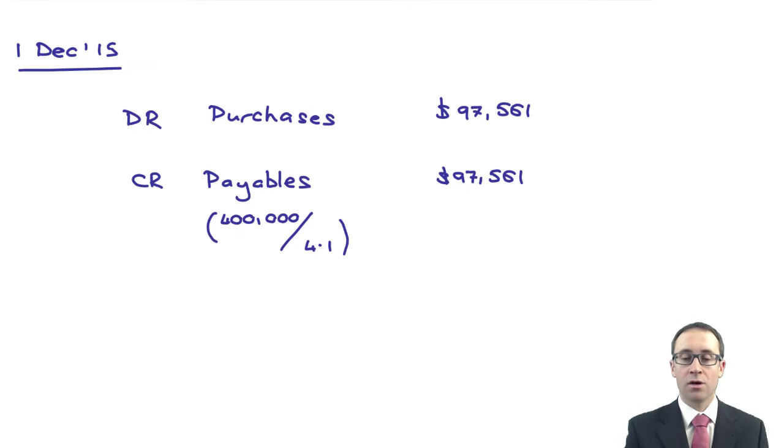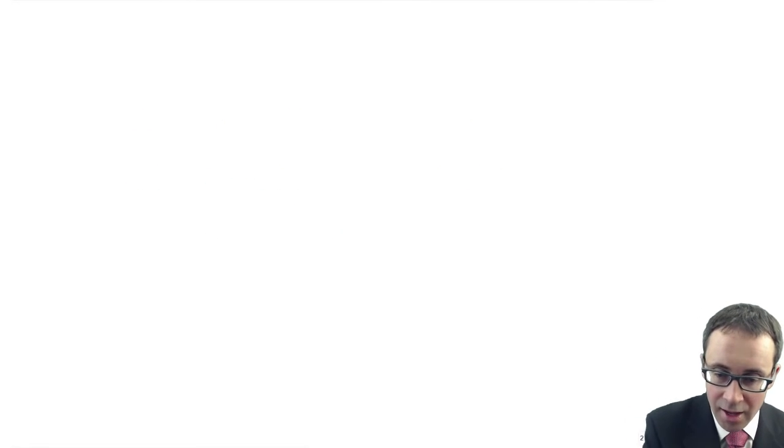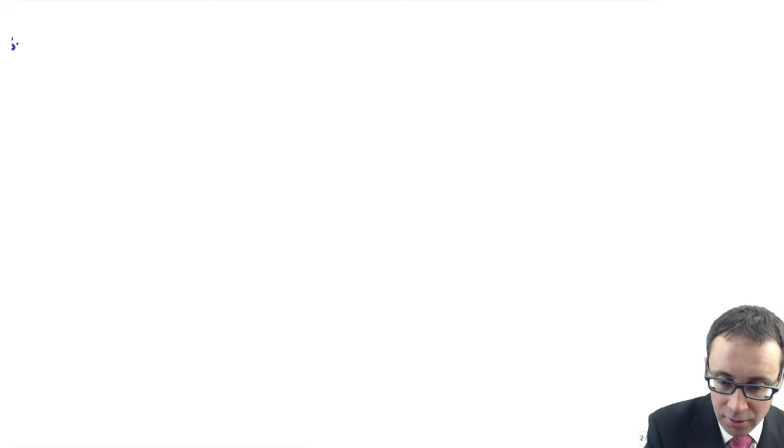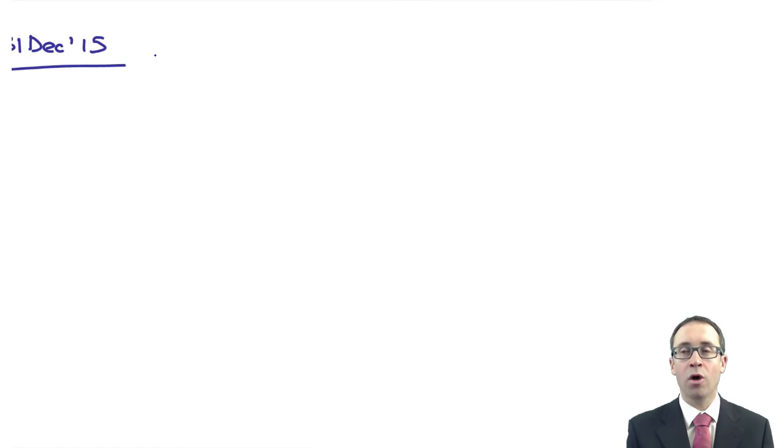Debit purchases, credit payables. Then what happens is there on the 31st of December 2015. That's the reporting date, isn't it? And what we need to do there is we need to identify monetary and non-monetary items.